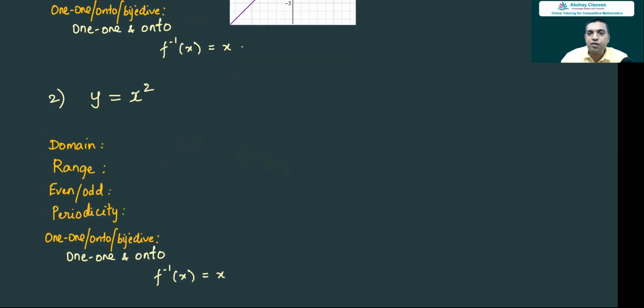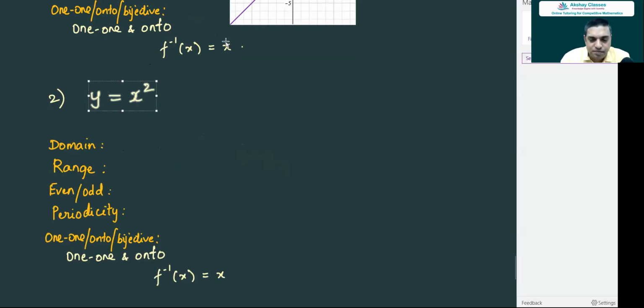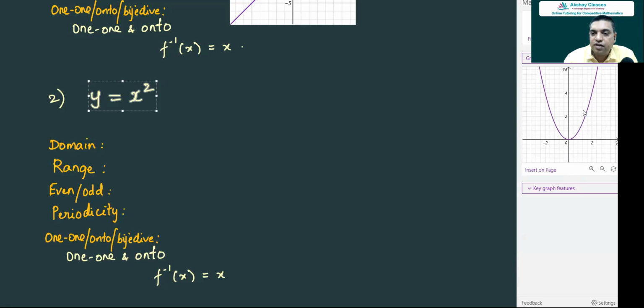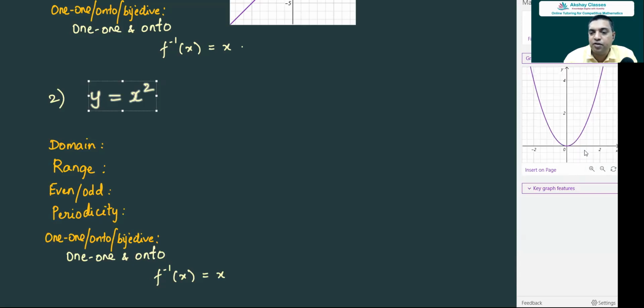Tell me the nature of this function. What will be the graph of this, before I plot it? U-shaped. It is a parabola. All the graphs of whichever are quadratic will be parabolic.